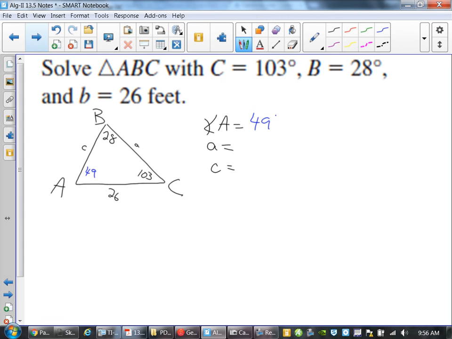So now, going into my triangle, I know that I have angle B and its side opposite. This is the part that I'm going to utilize to solve for side a and side c. Always reuse what you know. So I write it out.